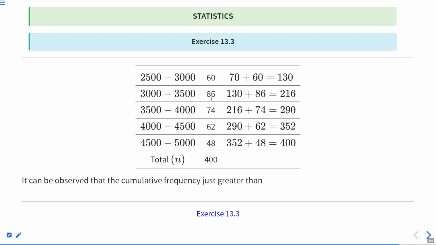Then the number of lamps is 86, and the cumulative frequency is 130 plus 86, that is 216. Then the number of lamps is 74, and the cumulative frequency is 216 plus 74, that is 290. For the next class, the cumulative frequency is 352, and for the last class it is 400. So the total number of lamps, n, is 400. It can be observed that the cumulative frequency is just greater than n by 2.